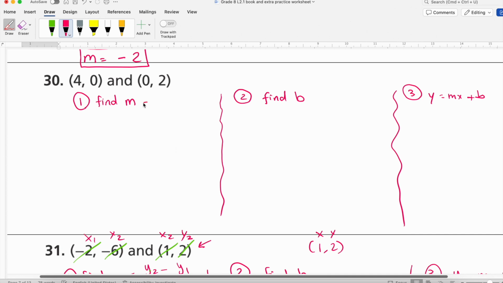Find m using y2 minus y1 over x2 minus x1. So basically these are my 2 points. This is x and y 1. This is x and y 2.